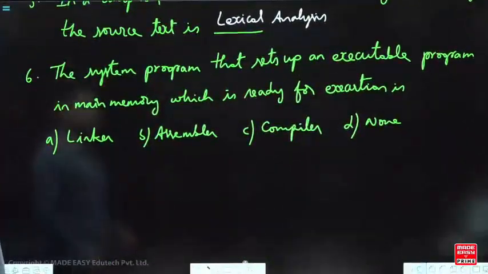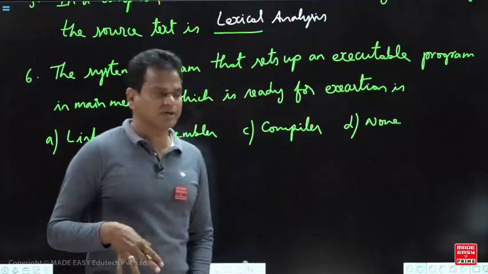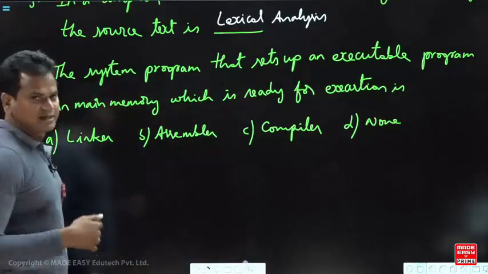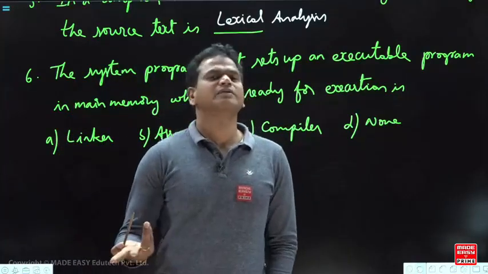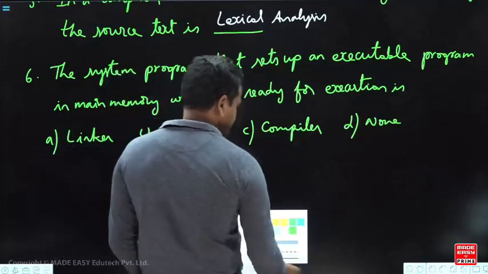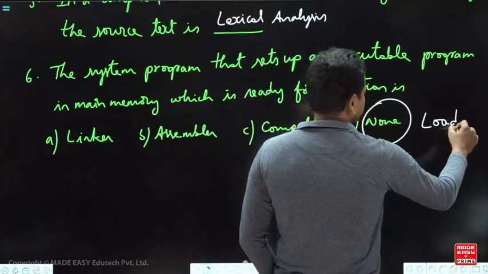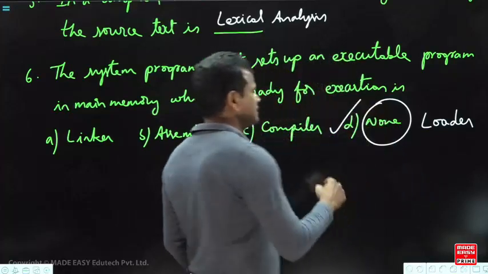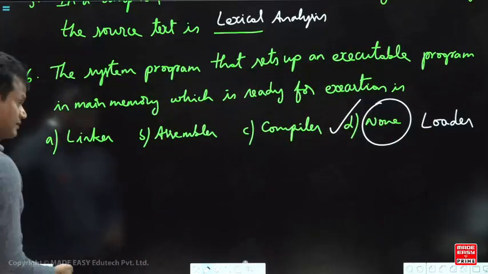The system program that loads an executable program in main memory and makes the initiation of the execution of the program is the loader. So the answer here should be loader. In the place of none, actually none is the answer. If you want the perfect answer, it should be loader. Okay.